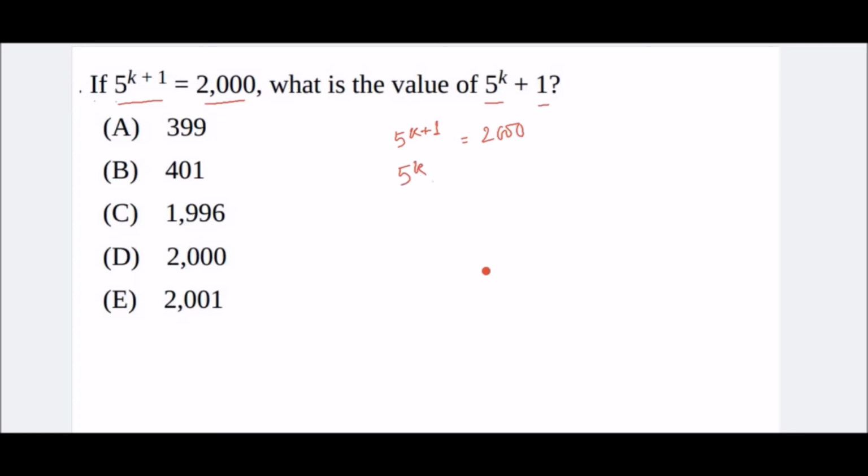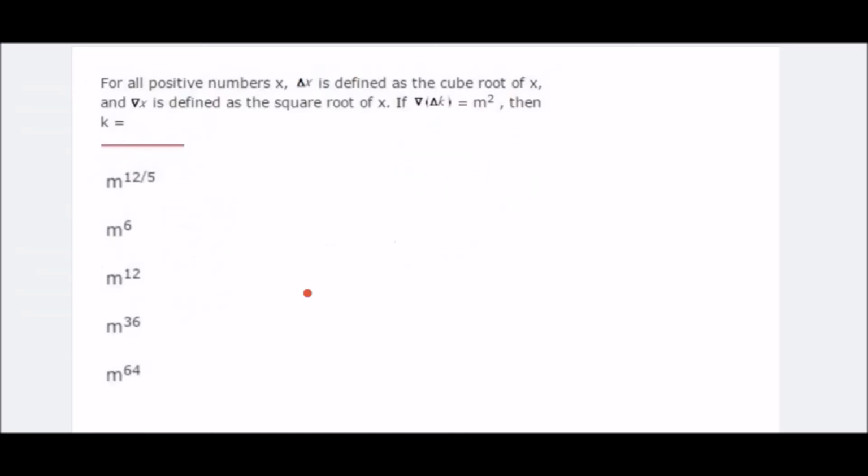So 5 power k into 5 is equal to 2000, and 5 power k is equal to 400. So we get here, therefore 5k plus 1 becomes 400 plus 1, that will be 401. Answer option B.